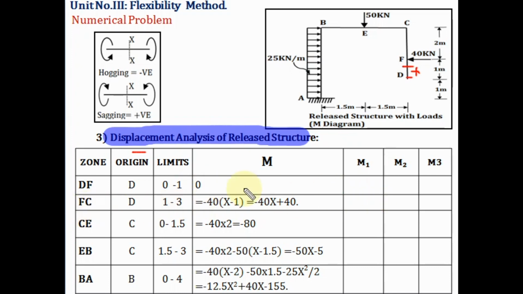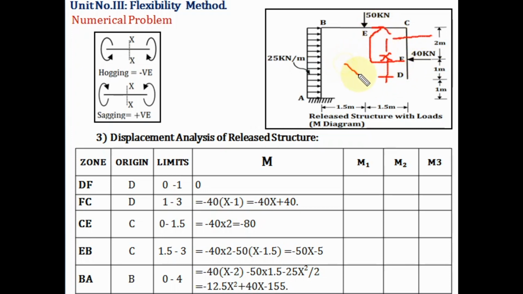Next we are taking a section in FC. In zone FC, measuring X from where? From D point. Now here there is a force of 40 kilonewton. It will act like this. We are standing inside the frame, and the nature of bending moment will be hogging.